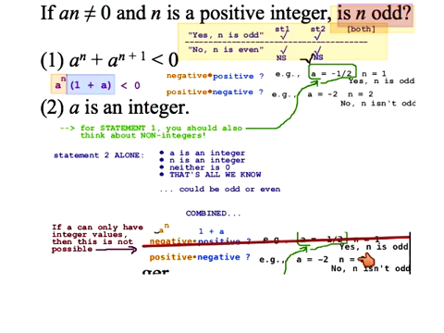So n won't be able to be odd. It's going to be impossible to get n to be odd, and it's going to have to be even. It's going to be sufficient. So this is C like cat. Any questions about that?